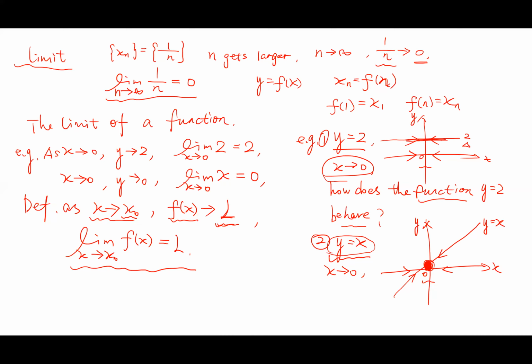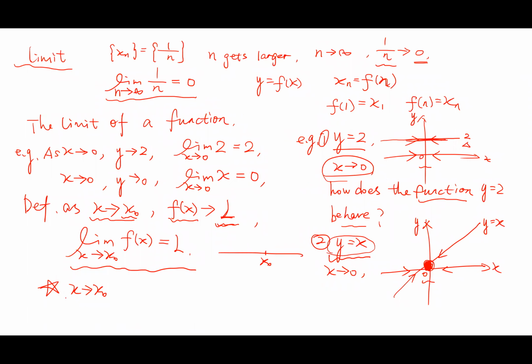So here is a definition. And for the definition, I want to emphasize one thing. This is very important here. I use the star here. That is x approaches x0. Here, the first thing I want to say is that this is the real line, and here is x0.